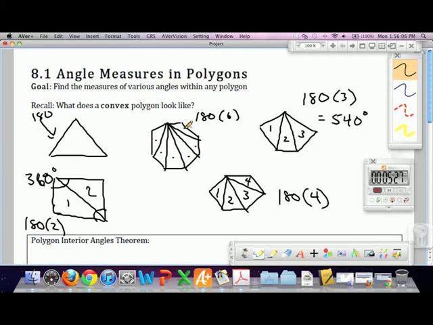The polygon interior angles theorem is a generalization of this pattern.